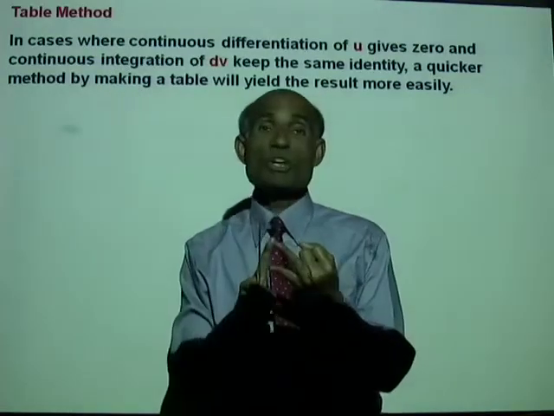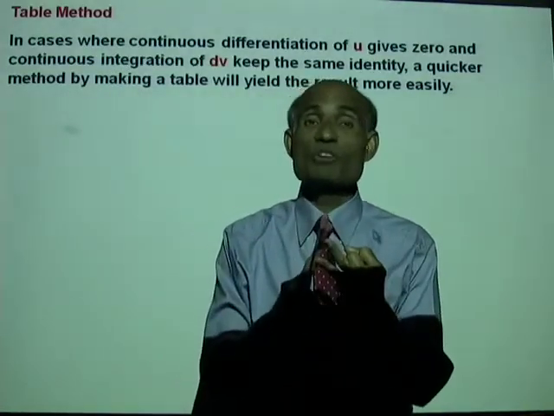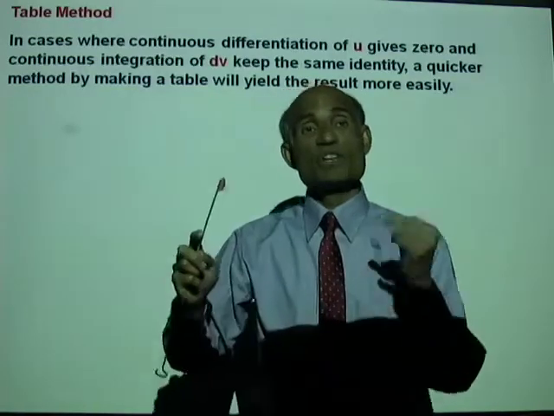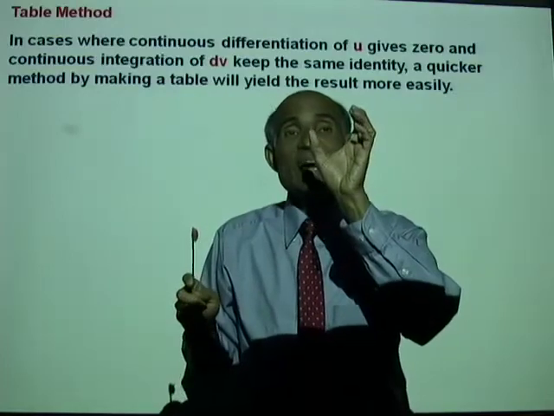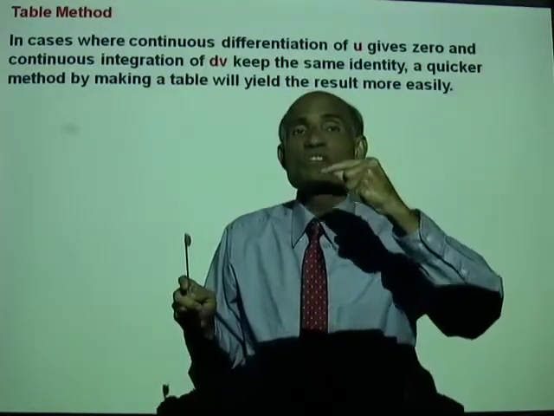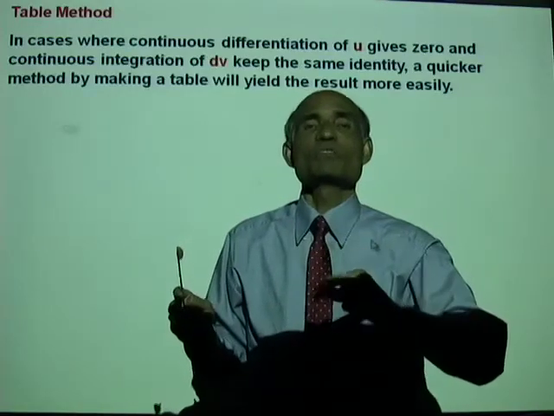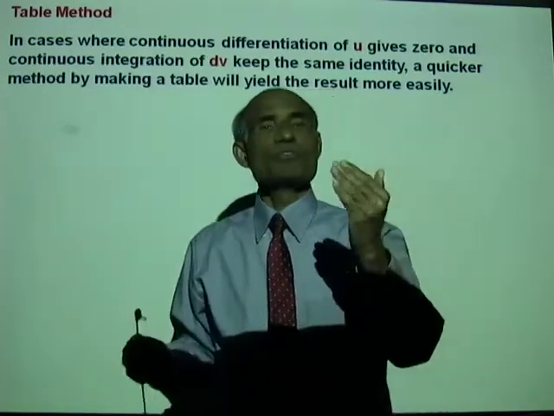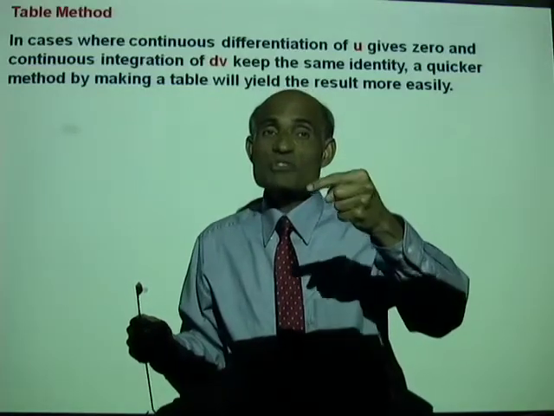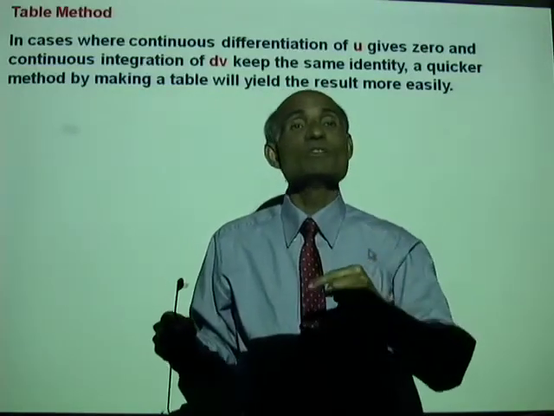So, there are two conditions to be satisfied if you want to use the table method. What are the conditions? One is the quantity you choose as u. When you differentiate it continuously, you must get 0. In other words, if you have x to the power of 4, when you differentiate it continuously, you get 0.